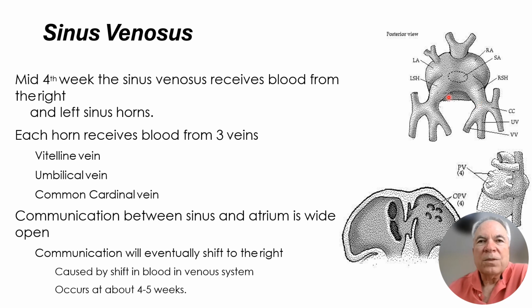There are 2 horns, the right and left horns of the sinus venosus. There's a big opening between the atrium, and eventually the blood is going to flow to the right, and that occurs in about 4 to 5 weeks. So eventually all the blood flow is going to end up coming into here, and this is going to disappear.